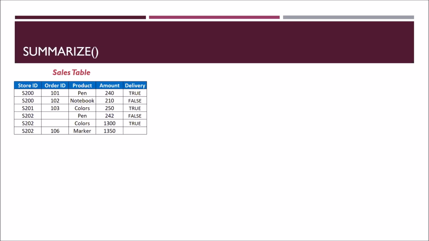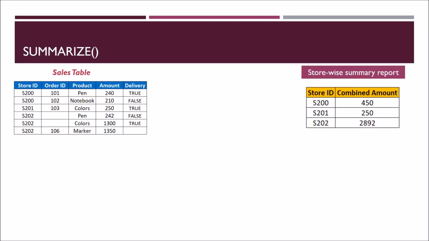What I want is a new table which should have the unique values from the store ID column and a second column which should tell me the summation of amount. So essentially I want a table wherein I'll have a store ID with 3 unique values and the combined amount column, which is equal to the summation of amount for that store ID.